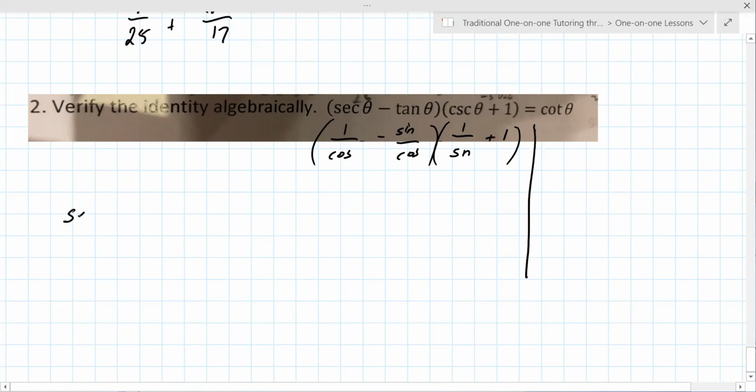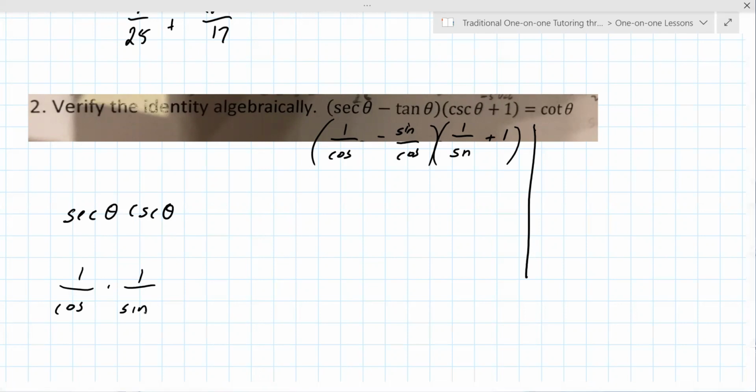Let's just say secant theta, cosecant theta. If we just look ahead here, it's 1 over cosine times 1 over sine. Is that any better? I'm not sure that's better either. Let's look a little further here. Minus tangent secant. That is tangent cosecant. I guess that's somewhat better.